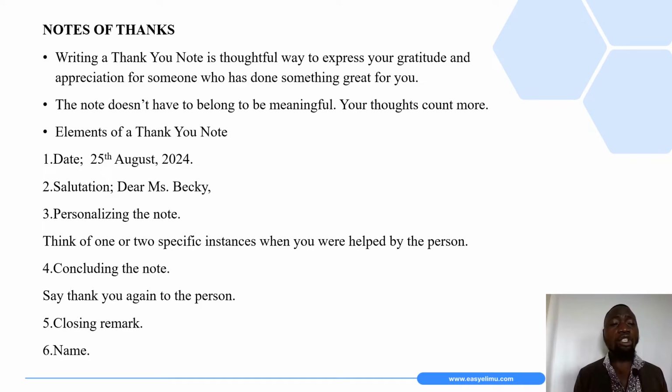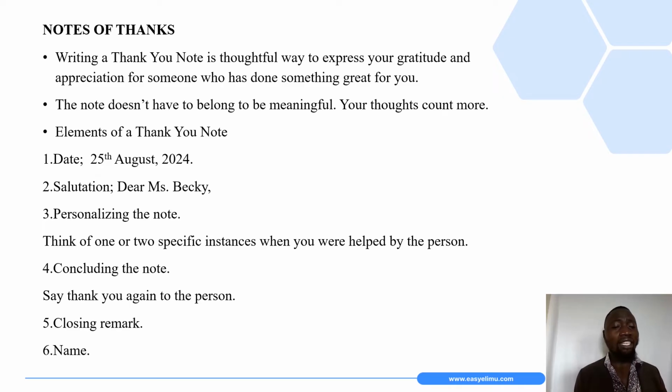So you are required to use the format that is indicated there. For example, if it is 25th August of this year, then you say 25th, then you write the month in words, August, followed by a comma, then you write the year, 2024. So that is the correct format when it comes to writing the date. I did not mention that. My apologies.